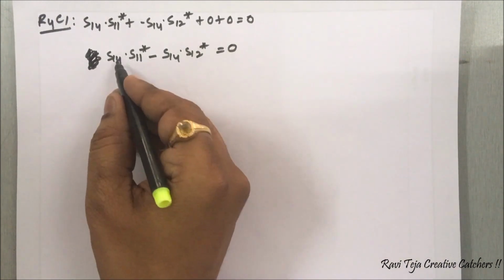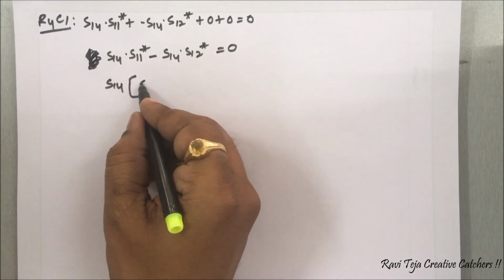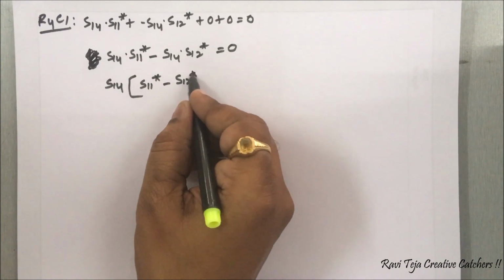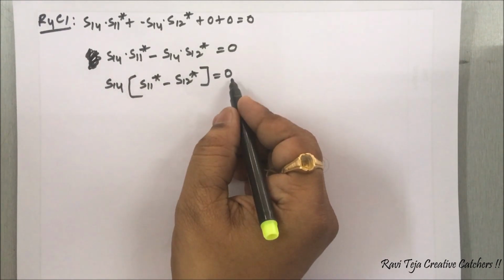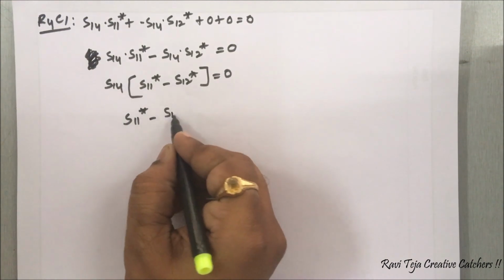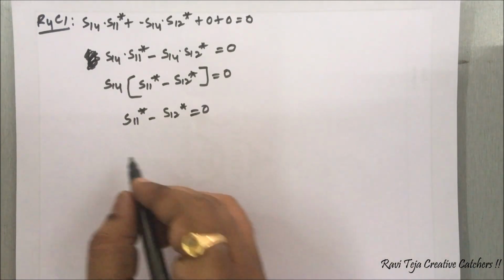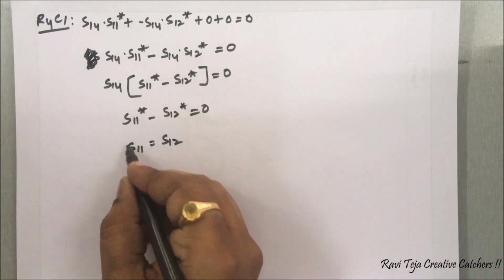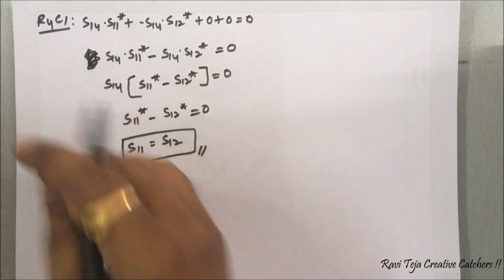Take S14 common. S14 into S11 star minus S12 star is equal to 0. If you take S14 to this side, S11 star minus S12 star becomes 0. This can also be written as S11 is equal to S12. This is what we get from R4C1.